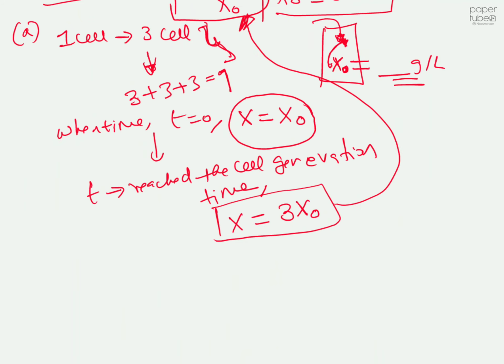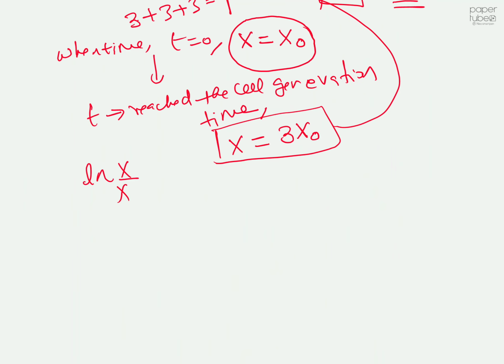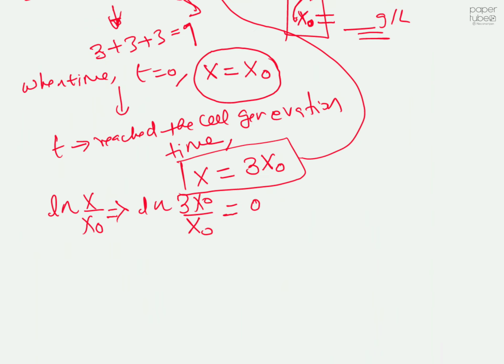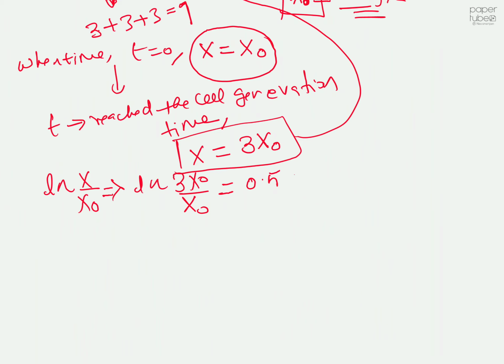So ln of x by x0 will be equal to ln of 3x0 by x0, which is equal to your specific growth rate, which we calculated just now, 0.5, multiplied by t, which is nothing but your cell generation time.